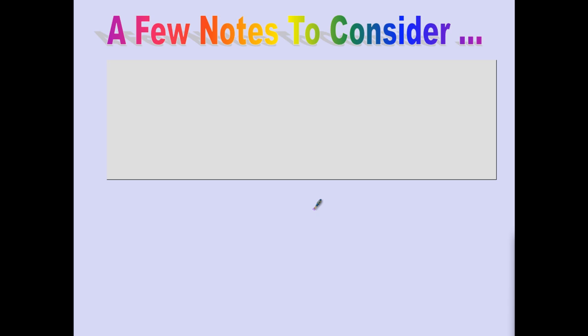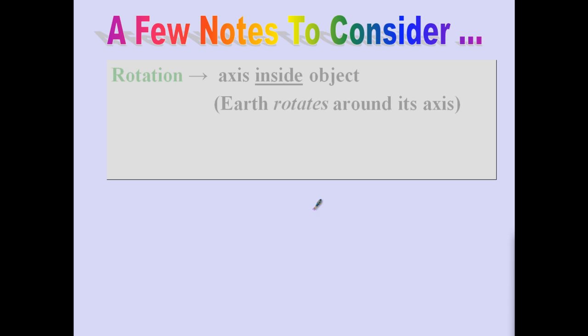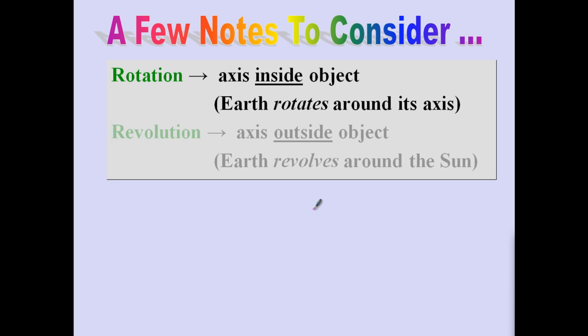A few things to consider before I let you go. We're talking about rotation. We're talking about the axis inside an object. Like if I spin a ball on a table, the axis that ball spins on. So the Earth just rotating, once every 24 hours, that's its rotation. But if I talk about a revolution, it's an axis outside of the object. Like the sun is kind of the center of our axis of revolution, because the Earth goes around the sun, so the axis is outside of the Earth's diameter.